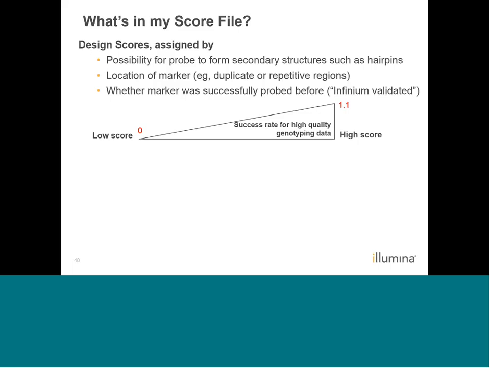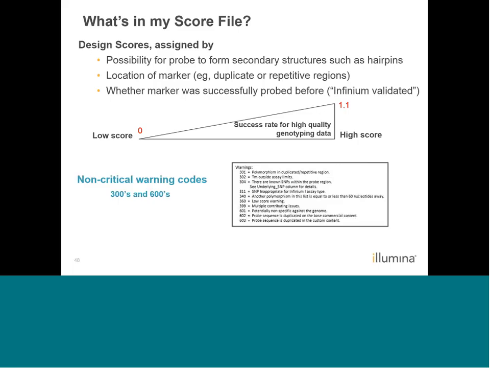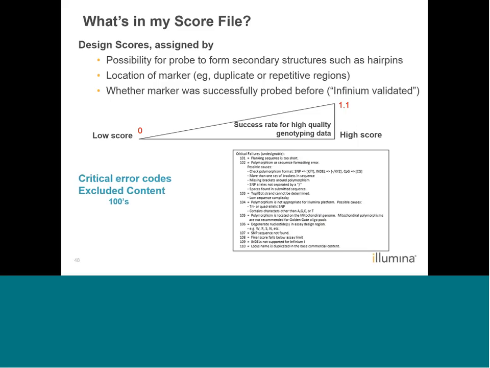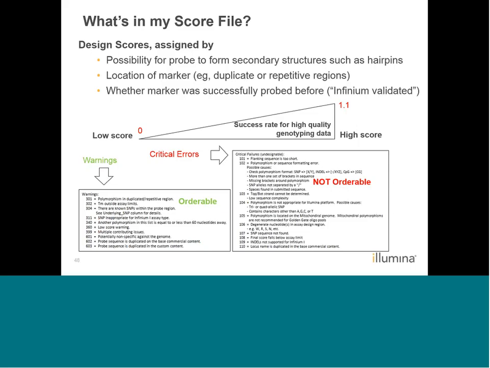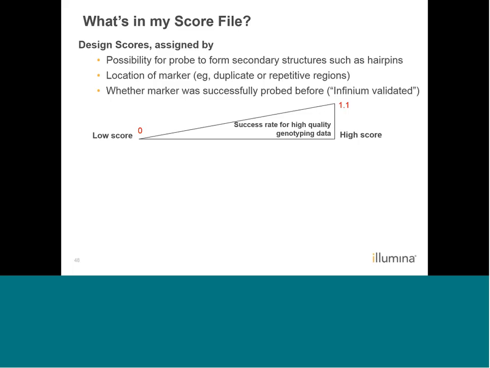Low scores can be caused by things like the possibility of forming secondary structures, or the marker is in a duplicated or repetitive region. As I mentioned, the warning codes can be submitted. The critical error codes cannot be submitted, and these will give you, for sure, low scores. And so to reiterate, critical errors cannot be ordered, warnings can be.